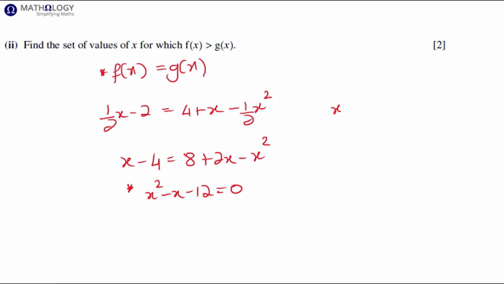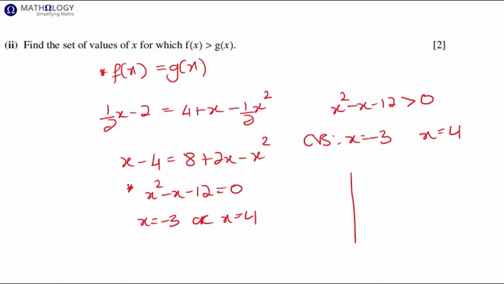So we are essentially going to be solving this inequality. X squared minus x minus 12 is greater than 0. The solution to the equation was x equals minus 3 or x equals 4. And these become the critical values for the inequality.